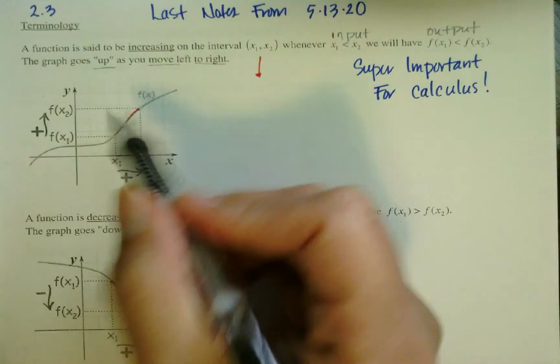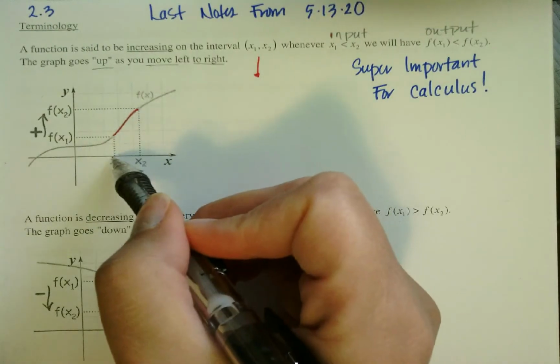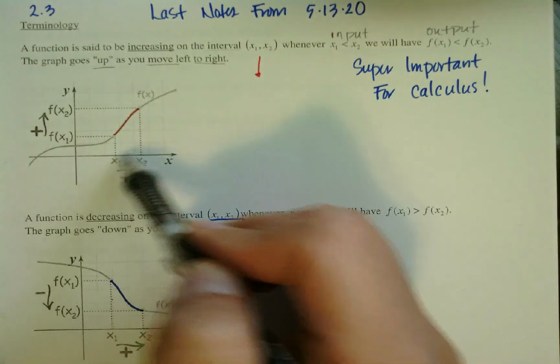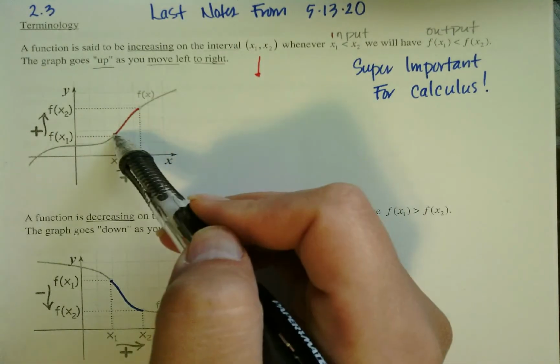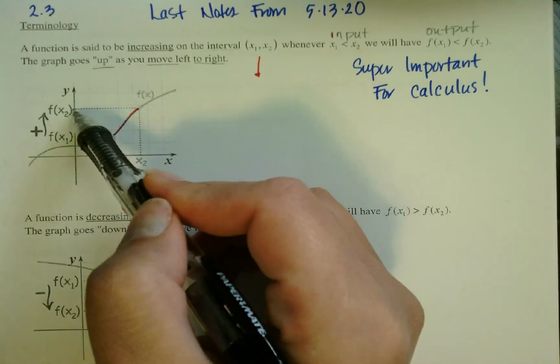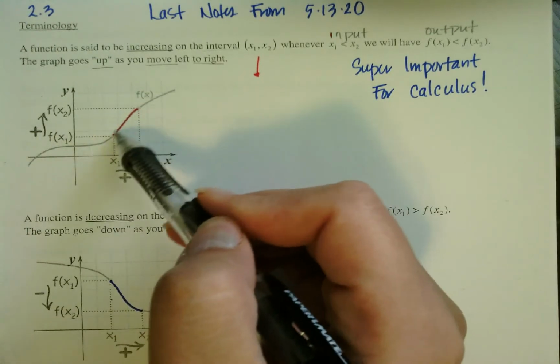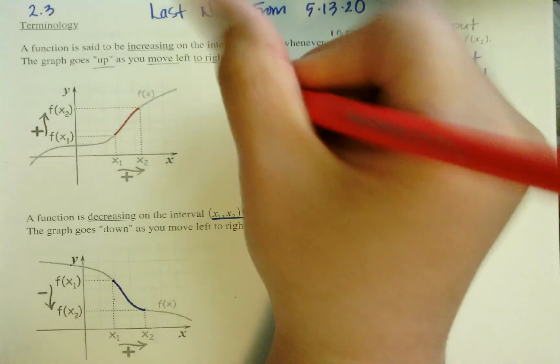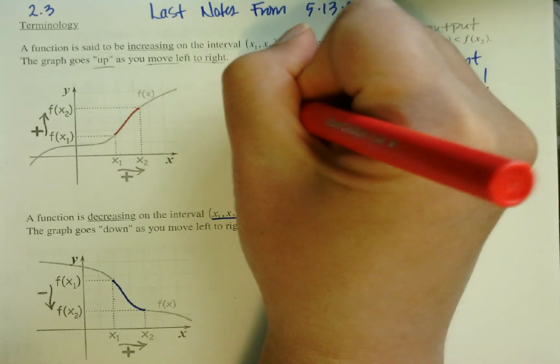So if we look at this graph from the interval x1 to x2, the graph is moving up from left to right. Your first output is smaller than your second output. So at this interval, the graph is increasing. Another way to write this, I don't remember how the book writes it.